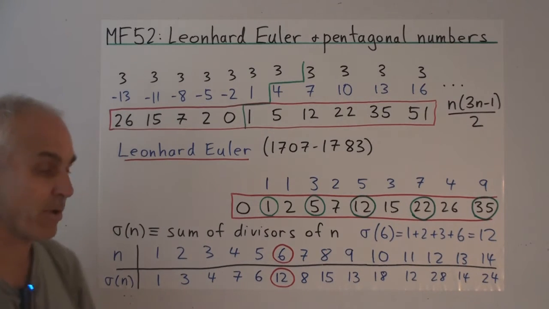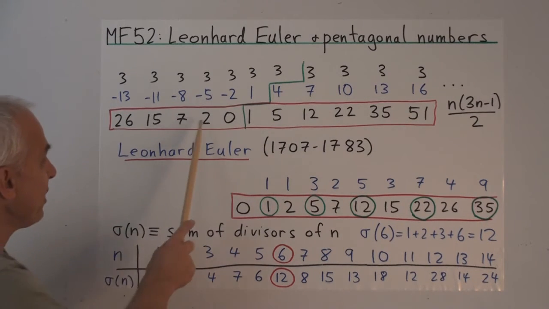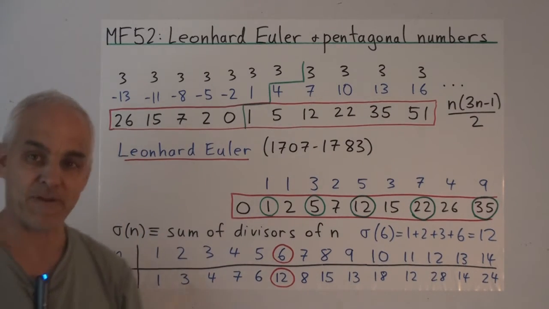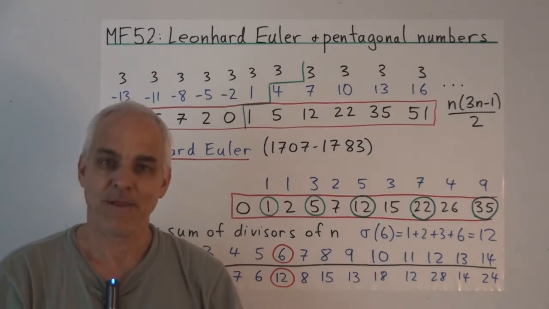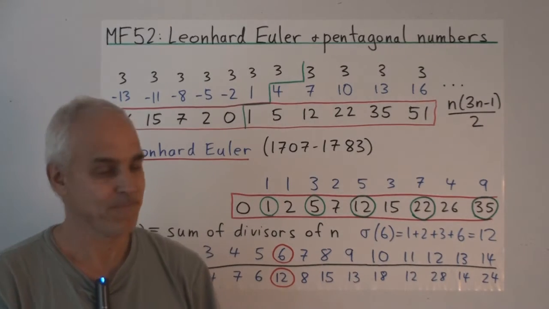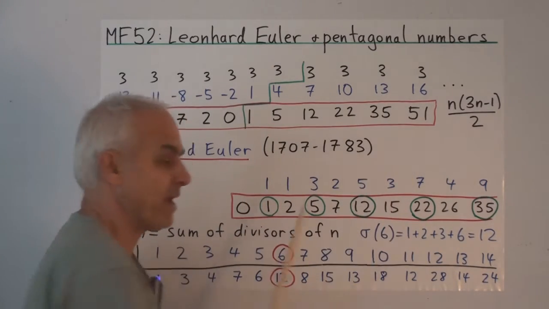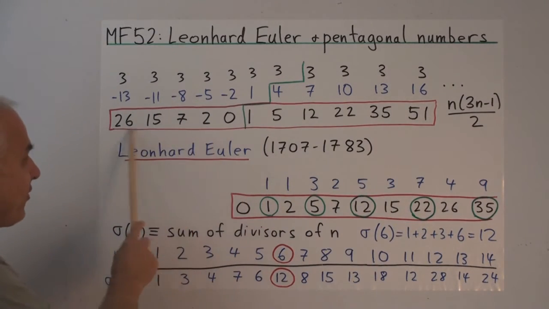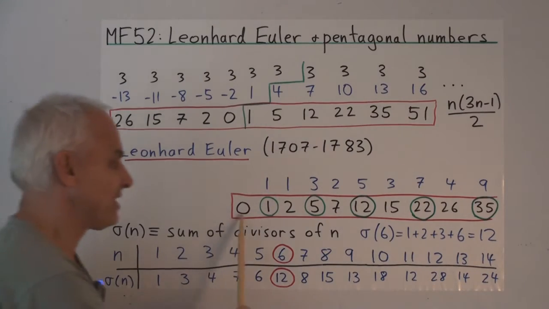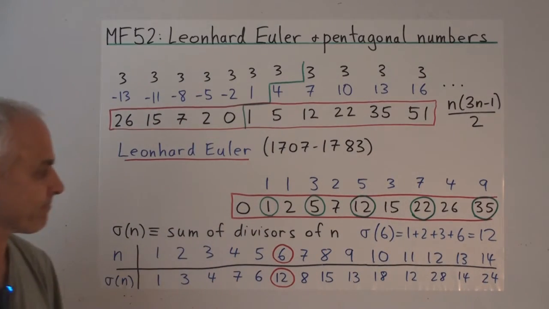And last time I posed the question of whether these numbers over here, sort of fictitious pentagonal numbers, play an important role. And Euler showed that they did. He considered putting the proper pentagonal numbers together with these other ones into a single sequence.